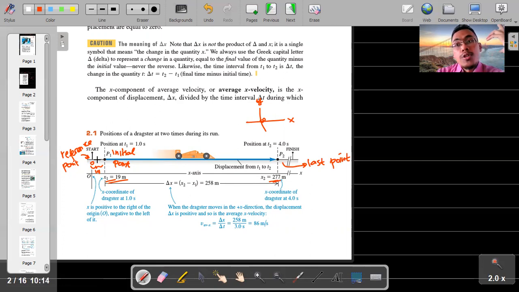But after that the car moves, and when the car is at point P1, the time is recorded at 1 second. So I hope you can imagine.